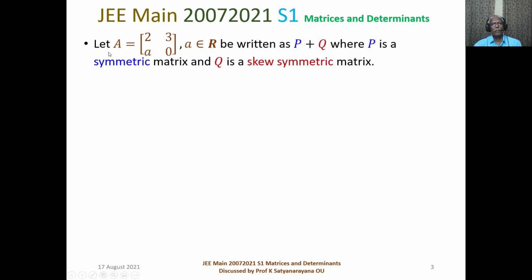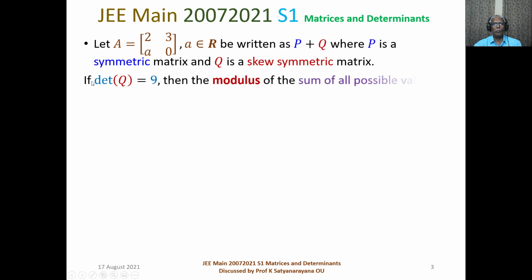Let A be the 2 by 2 matrix with first row 2, 3 and second row a, 0, where a is a real number, and A be written as P plus Q, where P is a symmetric matrix and Q is a skew symmetric matrix.